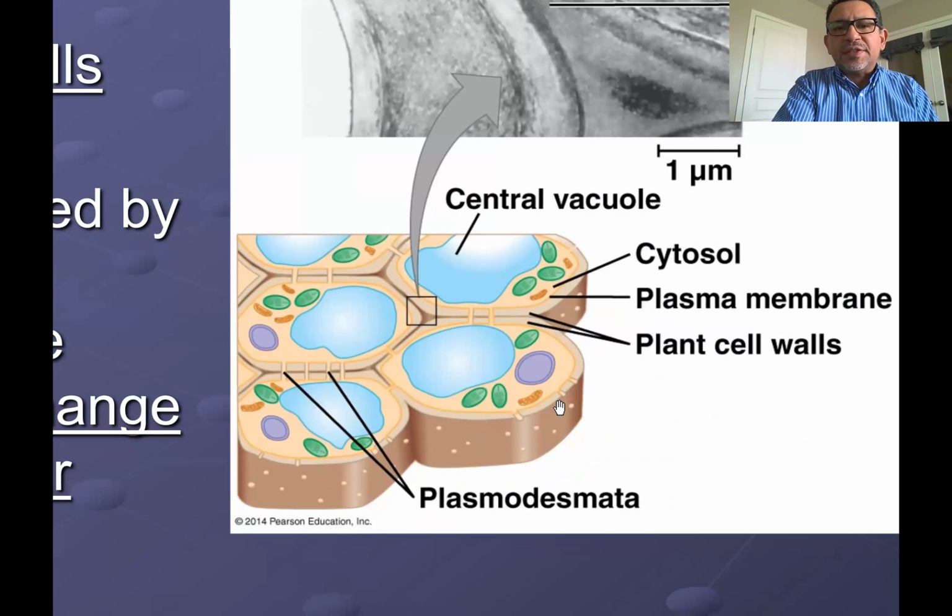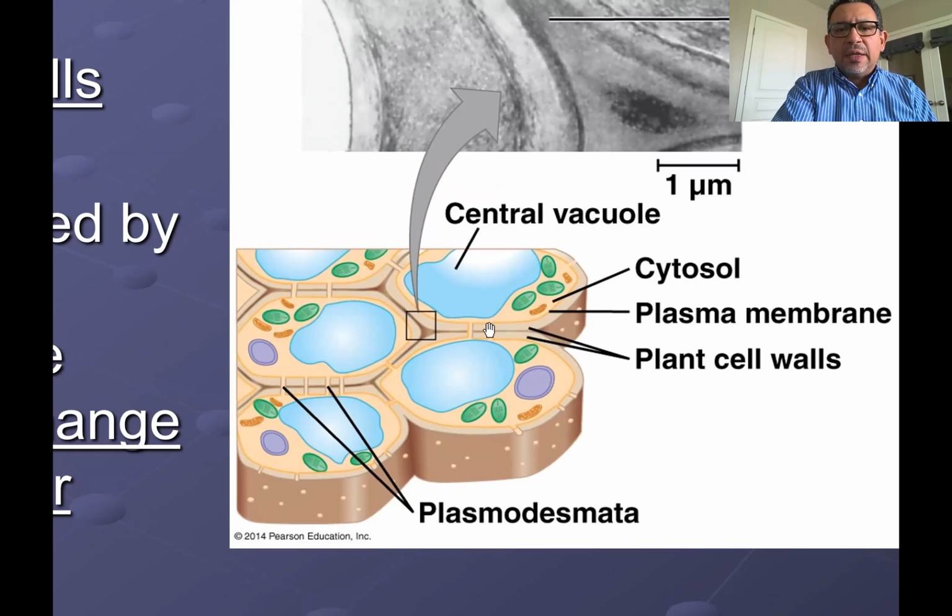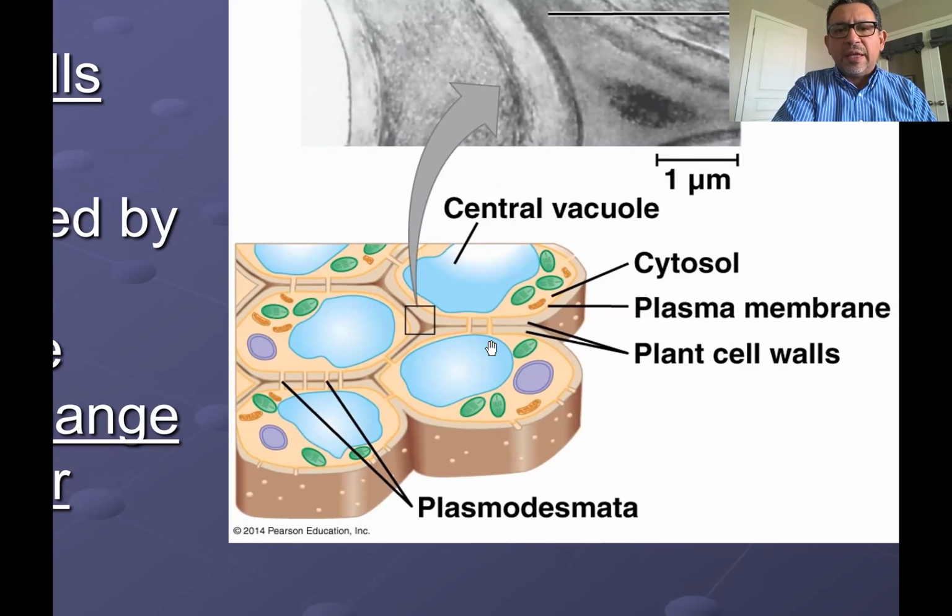And so you can see the cytoplasm of one cell. This is the cytosol, the semi-liquid portion inside of the cell, and the organelles. Together, cytosol and organelles make the cytoplasm. And so here, you're going to see that there is a tunnel that goes from one cell and into the space of another one.